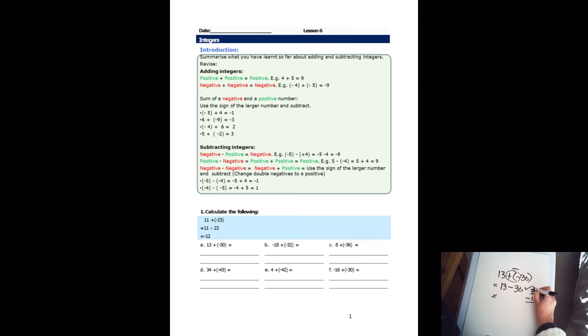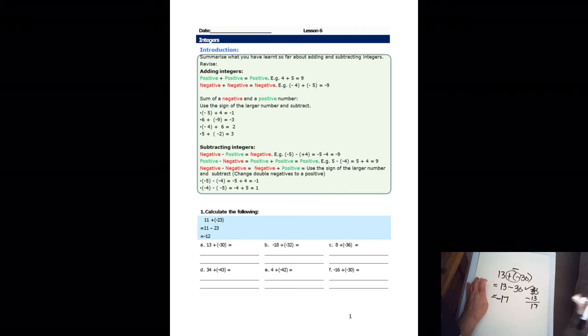You've got 7, that's 10 minus 3 is 7. 2 minus 1 is 1. So I've got 17. Now I say, which one is the bigger digit? If I've got 13 and 30, which one is bigger? Obviously 30 is. And 30 is then going to have the sign, he's the boss, because his sign is bigger. So minus 17 becomes the answer.